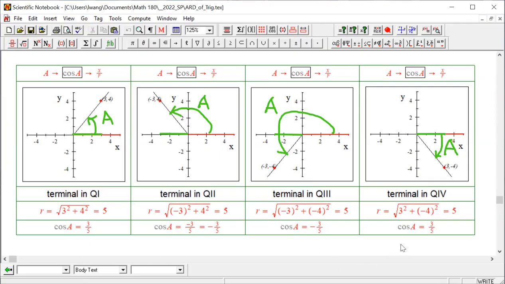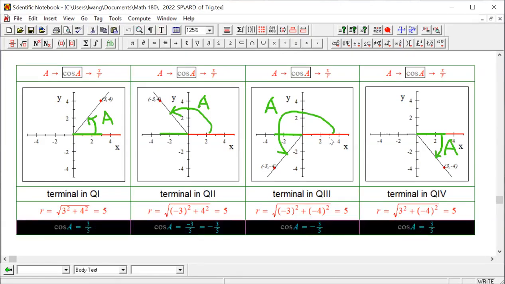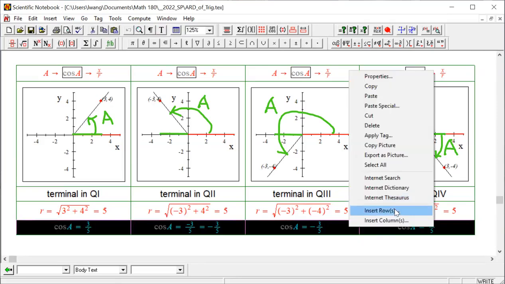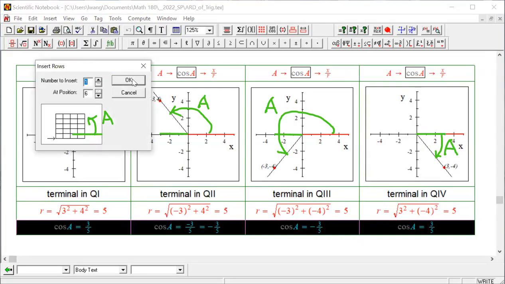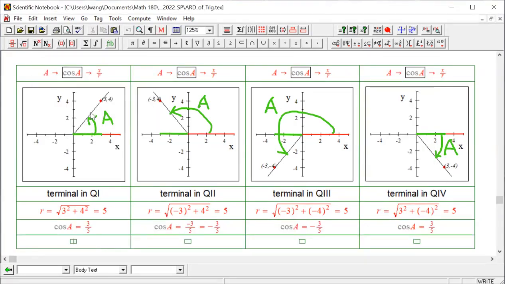Now look at this: the terminal terminates in different quadrants. For angles that terminate in the first quadrant, cosine of that angle is positive. In the second quadrant, cosine A is going to be negative.